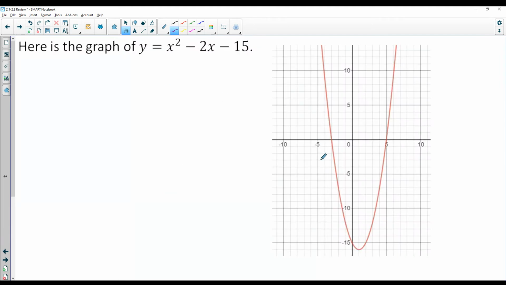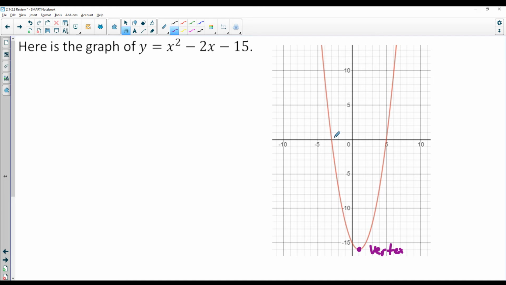So for the graph, I just want to point out some important features. That is called the vertex.